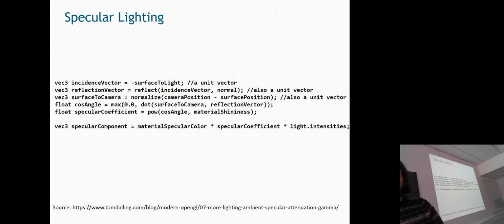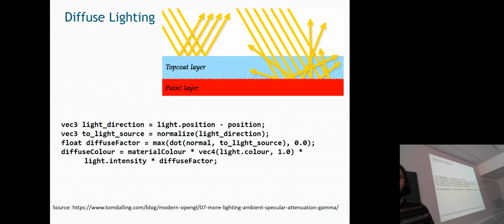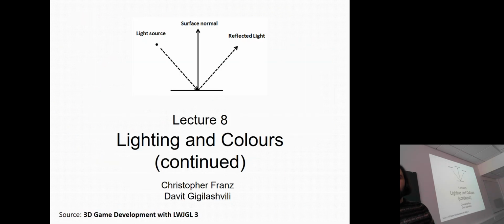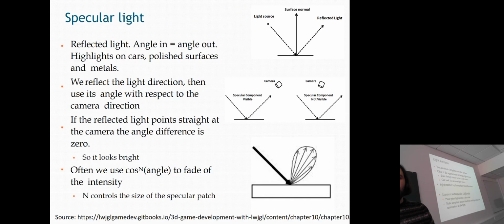For specular lighting, what was important to detect, to see the specularities? We had a slide on that. In which case do we see that here? If the specular reflection is directed towards the camera or the observer, we see that.